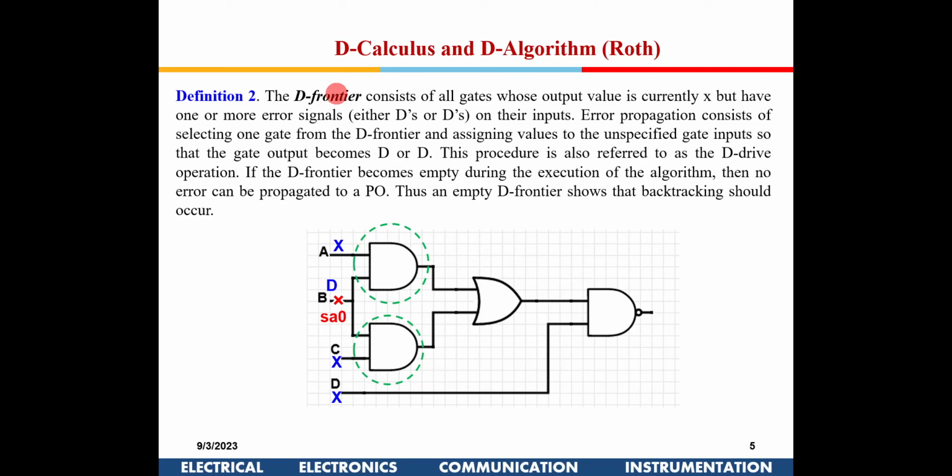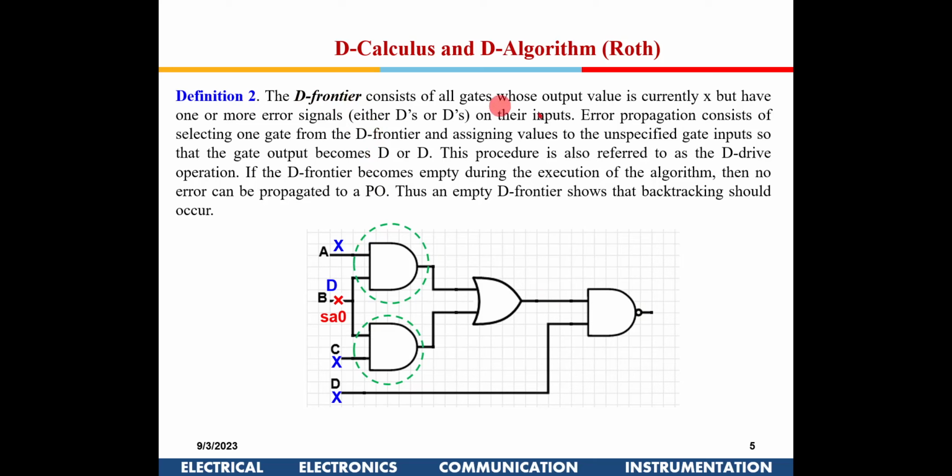Initially when we start, there won't be anything available in the D-frontier. All the nets will be marked as X, and as we move forward, some gates will come into the D-frontier and some gates will come into the J-frontier, and they'll keep going out of them also. So what is a D-frontier?